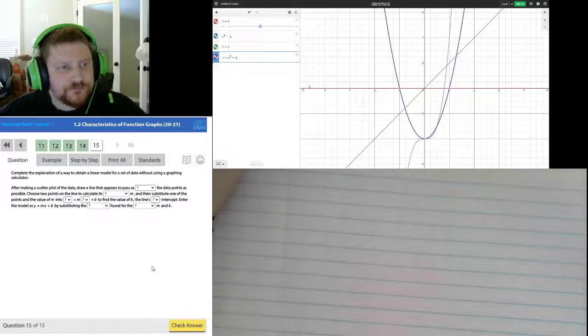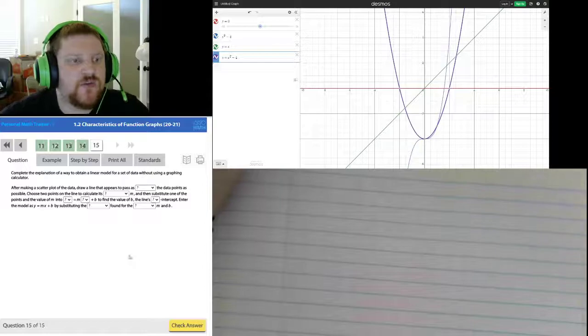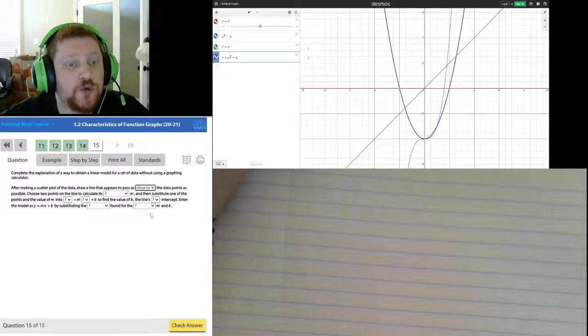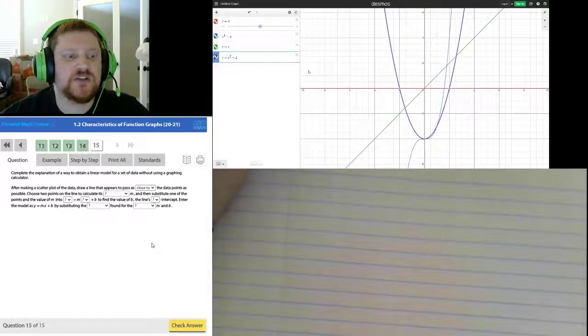Final question. Complete the explanation of a way to obtain a linear model for a set of data without using a graphing calculator. After making a scatter plot of the data, draw a line that appears to pass as close to the data points as possible.